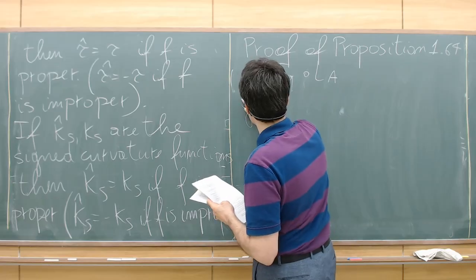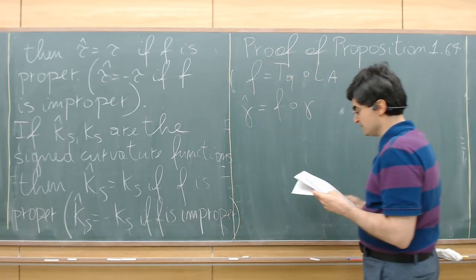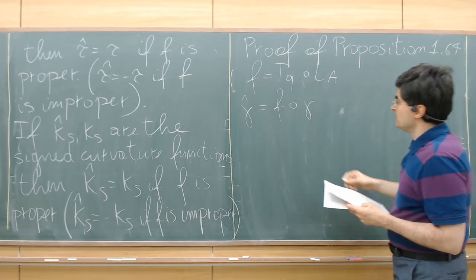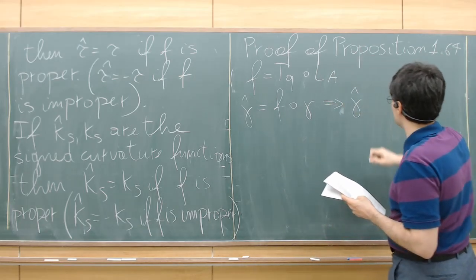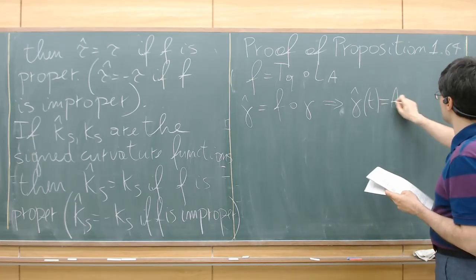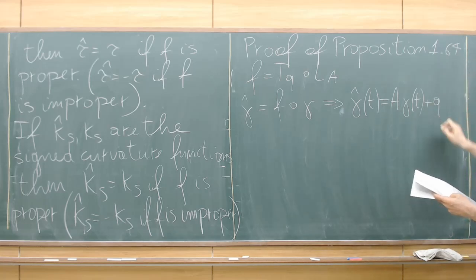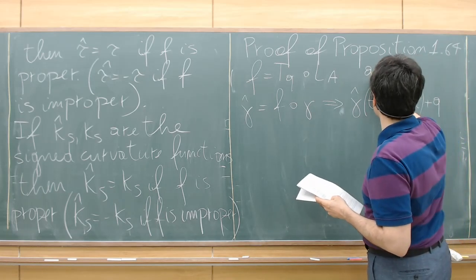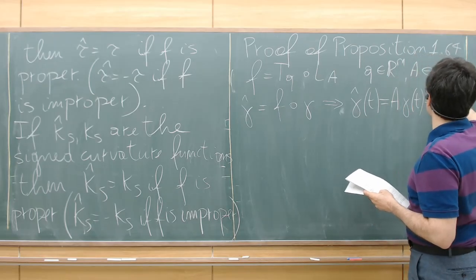So if gamma hat is f composed with gamma, then we have that gamma hat of t is A multiplied by gamma of t plus q, where of course q is in Rn and A is in On.